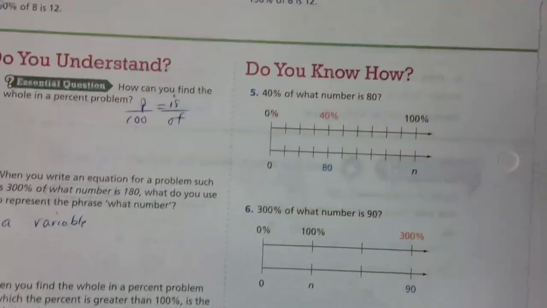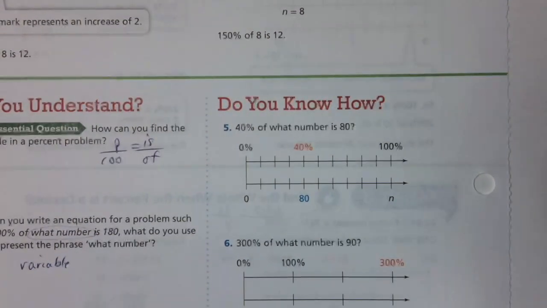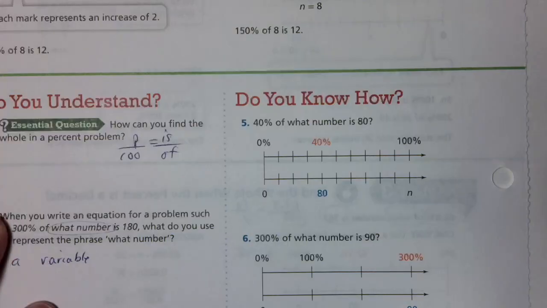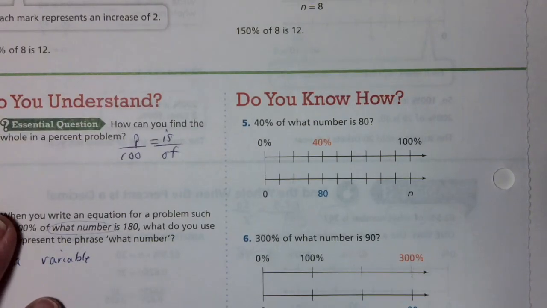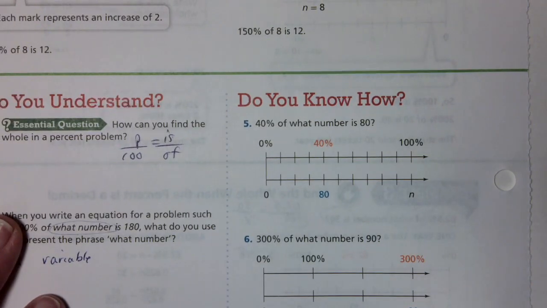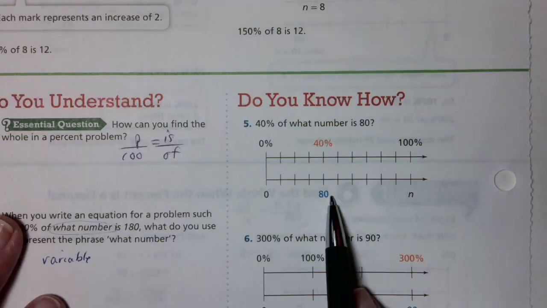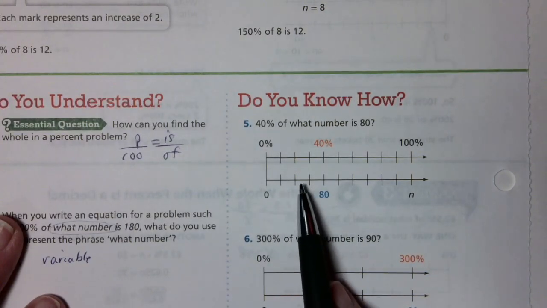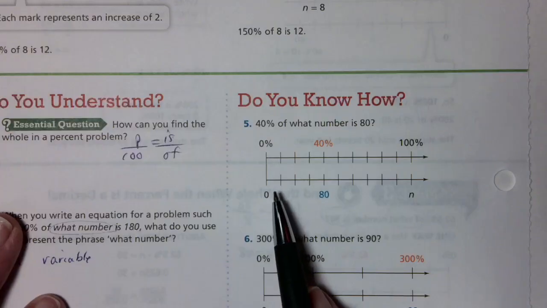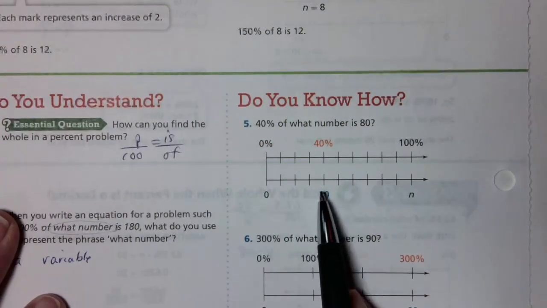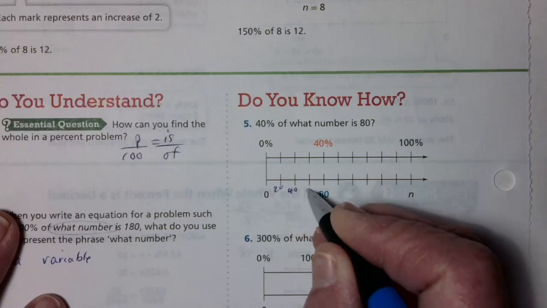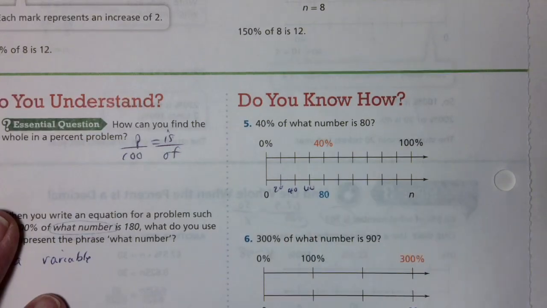All right, let's go to number 5. 40% of what number is 80? We've got to use this double number line to figure it out. If 40% is 80, 1, 2, 3, 4, so 20, 40, 60, 80. So each one of these would be 20. That would be 40, that would be 60, 80.